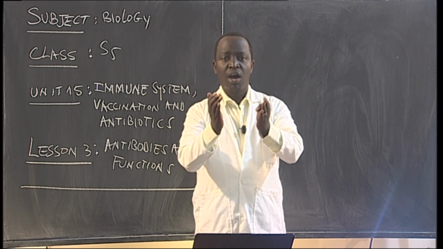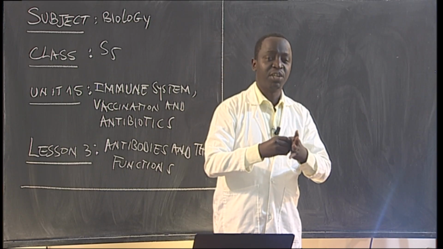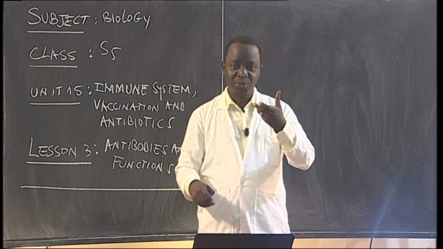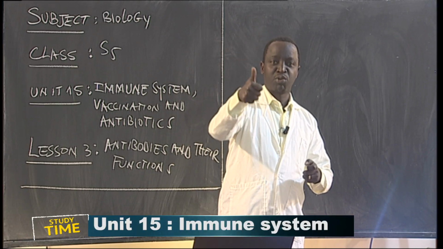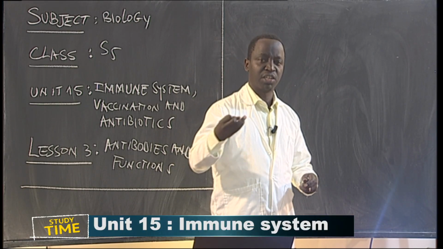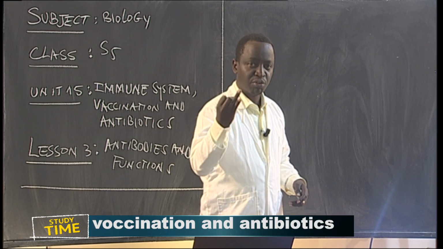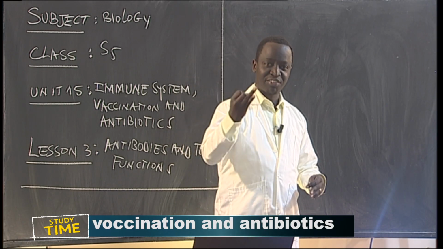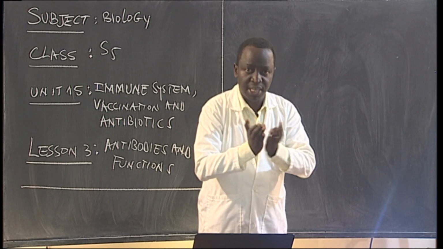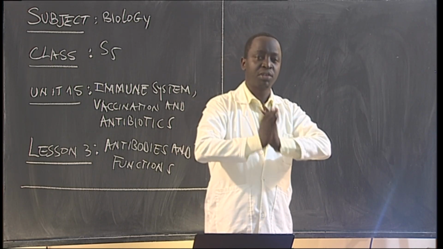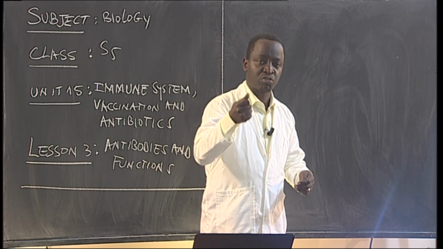And then how do antibodies react with the antigens? Number one, neutralization, you are right, by neutralizing the antigens. Number two is agglutination. What is agglutination? It is when the antigens are clamped together. So once they are bound together, it is easy to destroy them.